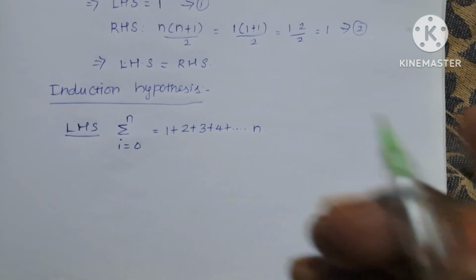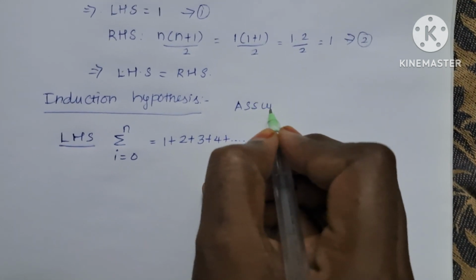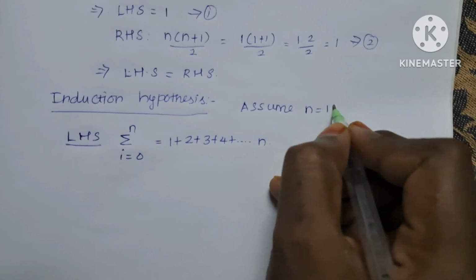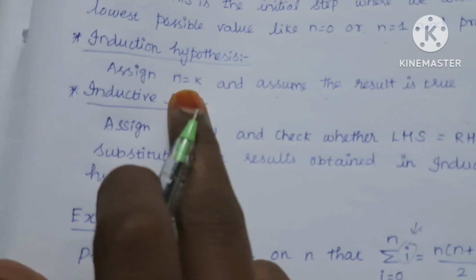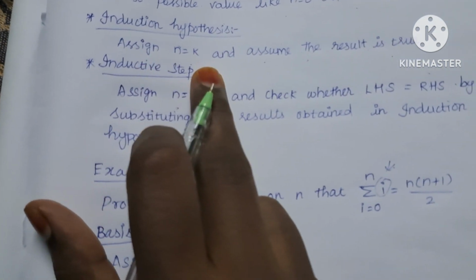Here we need to assume n equal to k. Based on the induction hypothesis step, we need to assign n equal to k.